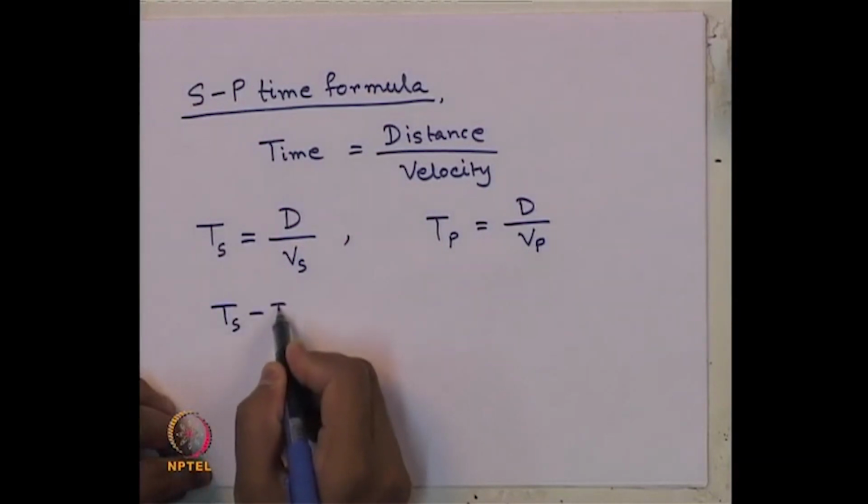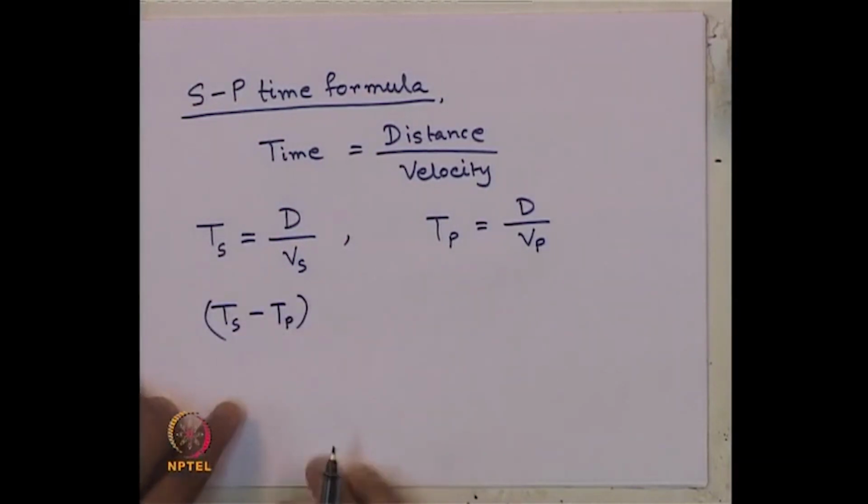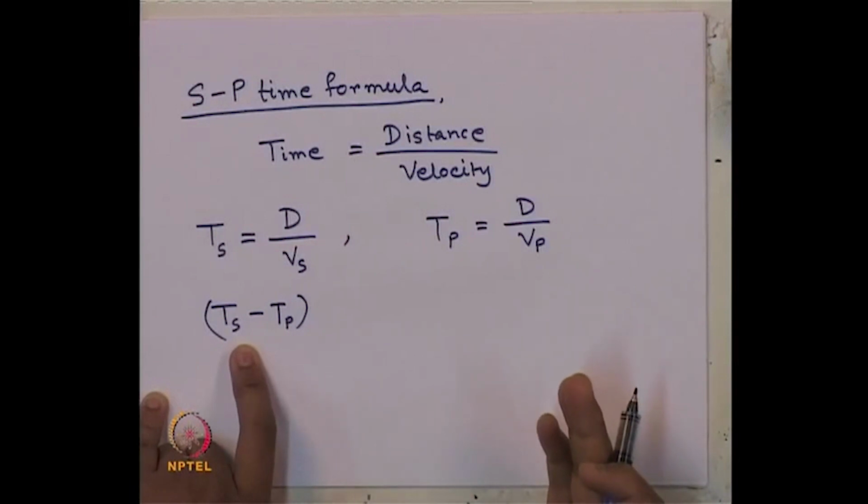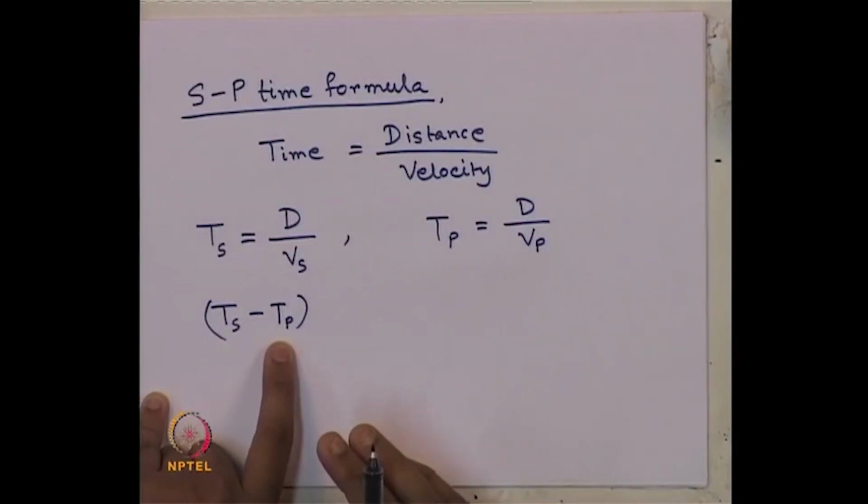So Ts minus Tp, because at our recording station the value of Ts will be larger since it arrives later, and Tp will be lower than Ts.